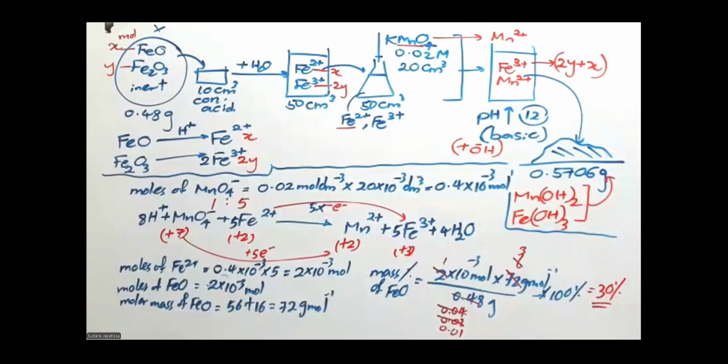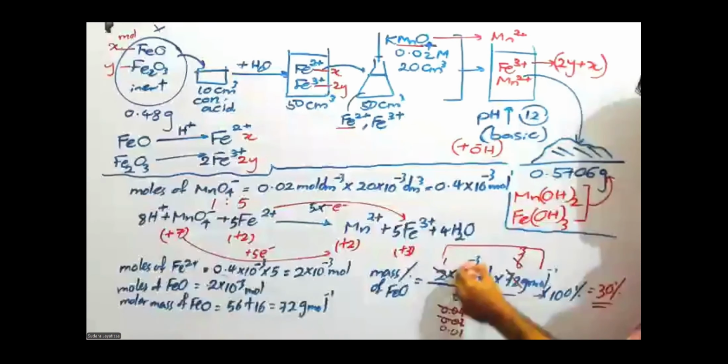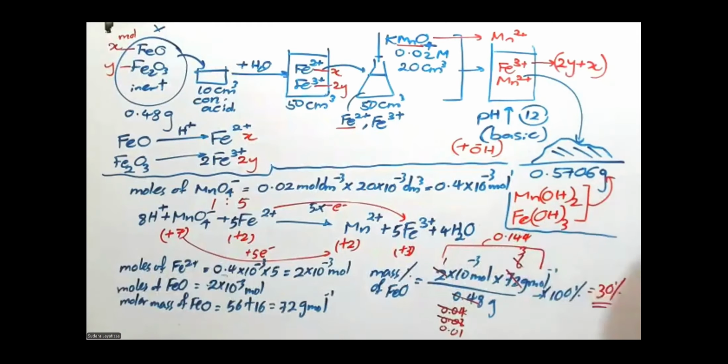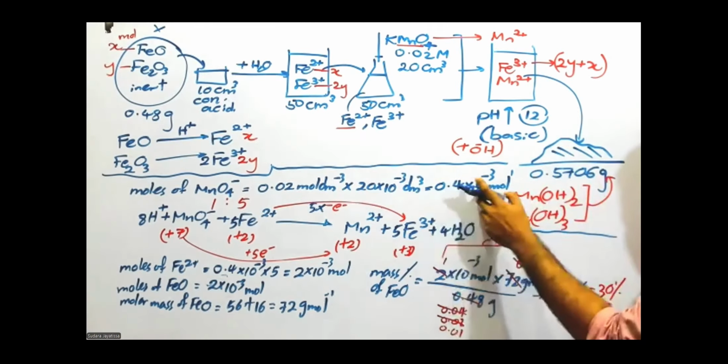The mass of FeO will be, if you find it separately, 0.144 grams. Right, so what is important for us? We know the moles of KMnO4, which is 0.4 into 10 to the power minus 3.